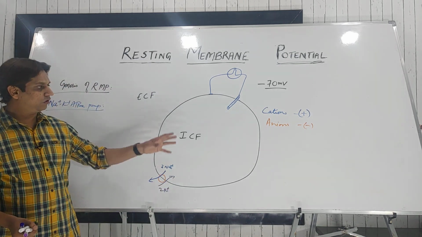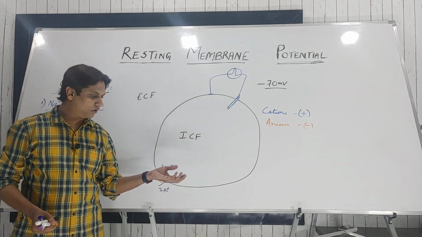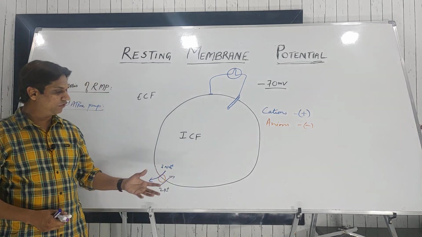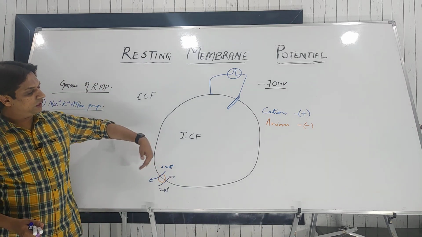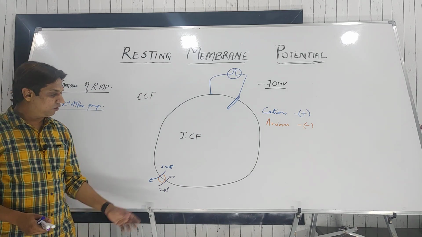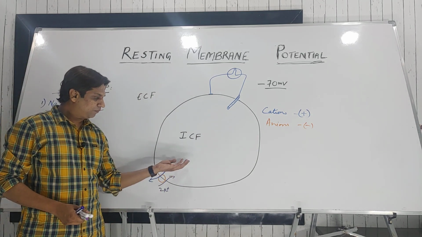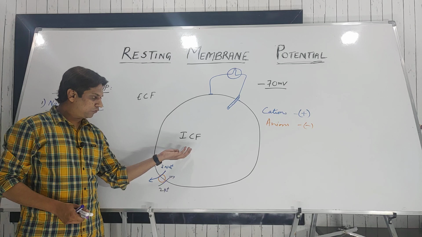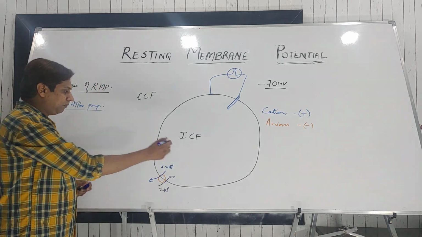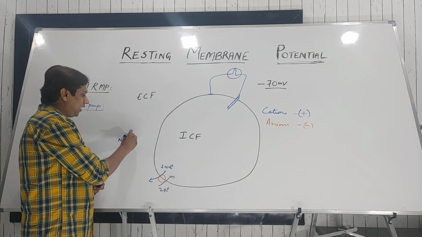Out of all the cellular energy used, this pump uses around 25% of the cellular energy. It will be continuously working, continuously moving 3 sodium outside and 2 potassium inside. Now with this concept, you can see because of this pump, more sodium will be in the extracellular fluid.